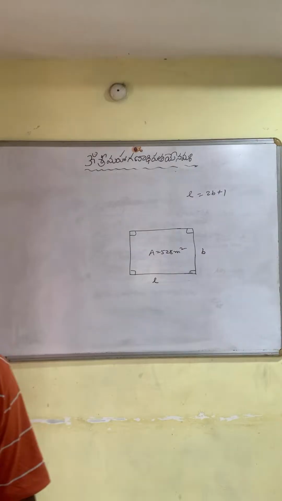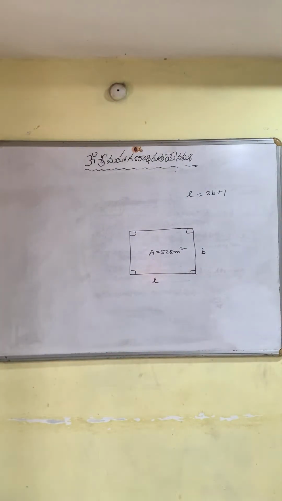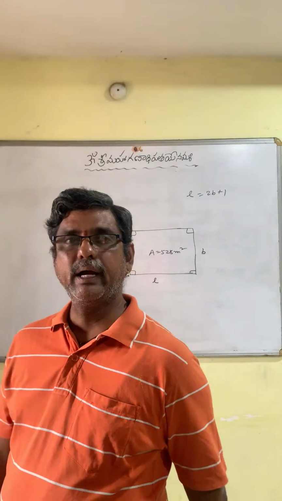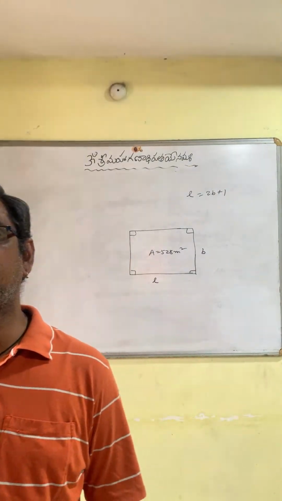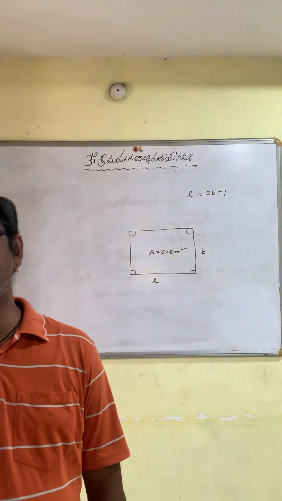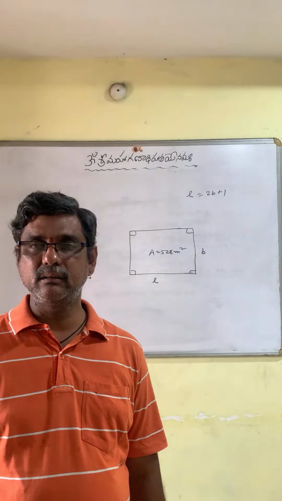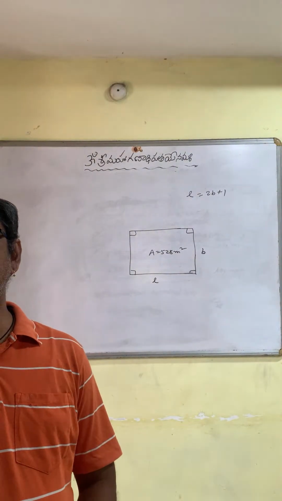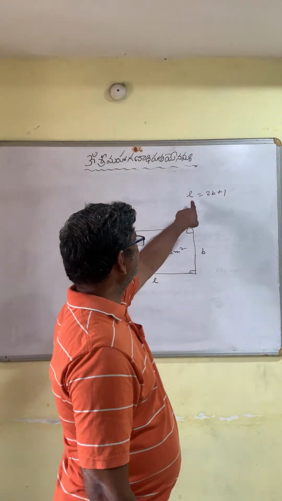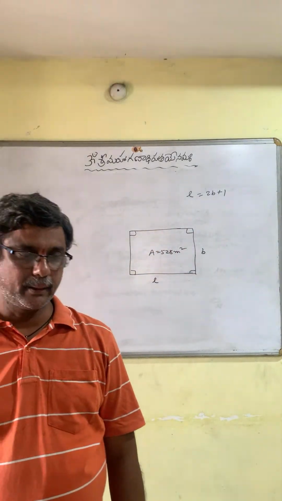Given that length is 1 more than twice the breadth. There is a relation between length and breadth, that is given.